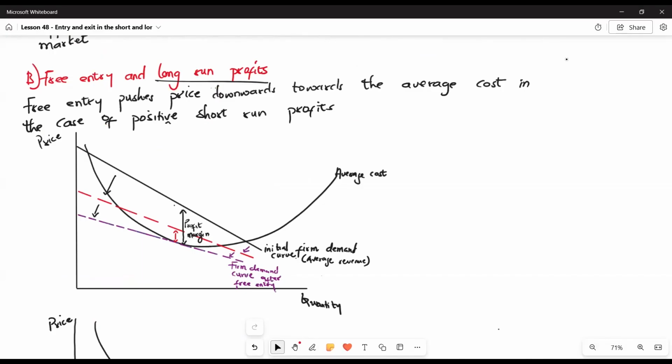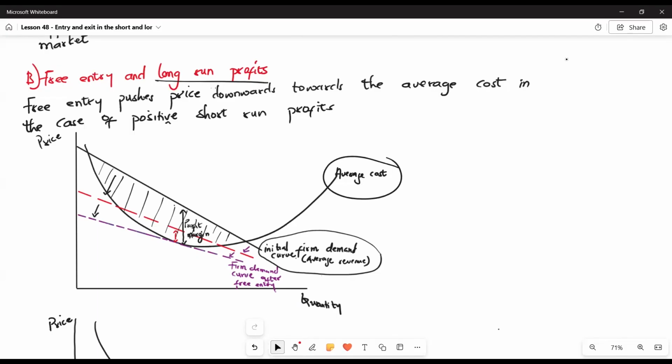We've talked about this in our previous lesson: from the firm's demand curve, we can infer the price of the good. And then this is the firm's average cost curve. So in this shaded area, where the demand curve lies above the average cost curve, is the profit margin. In the short run, a firm can operate in this profit margin where they are earning positive economic profit.